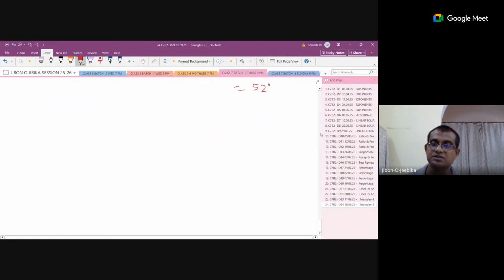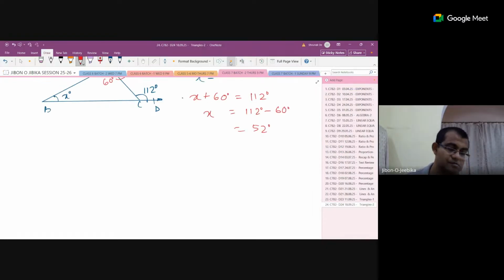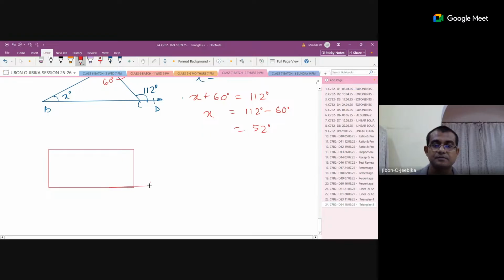I'm giving a simple sum, think about this. Let's see. ABCD is a rectangle. A line is drawn like this in such a way that this is 162 degree.